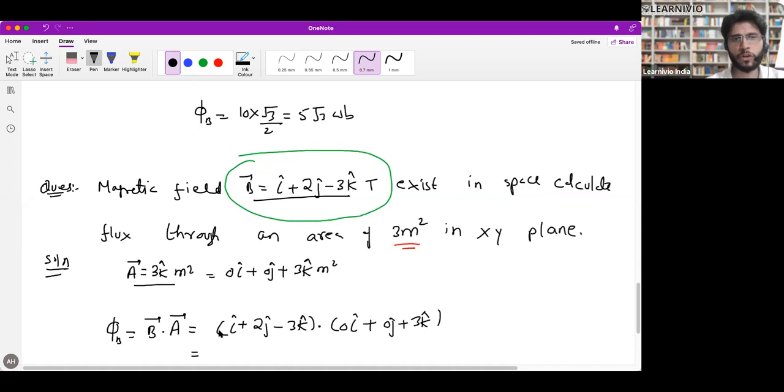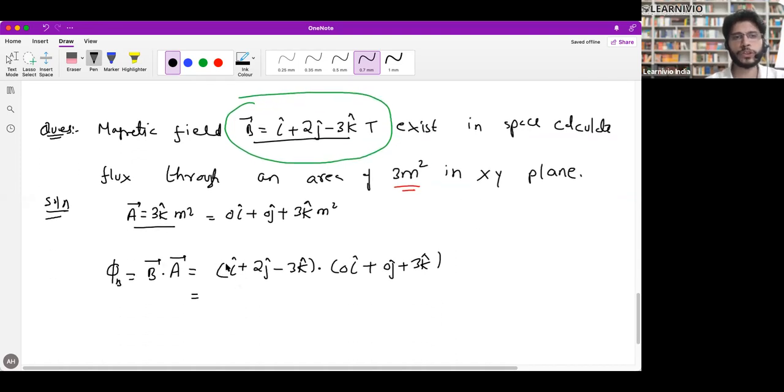Now, if you take the dot product, the coefficient of i cap is 1 here and the coefficient of i cap is 0 here. So you can write this as 1 into 0. When we take the dot product in Cartesian form, we multiply the ith component with the ith component, the jth component with the jth component, then the kth component with the kth component.